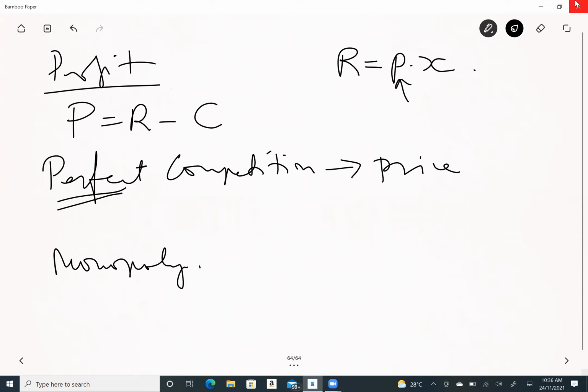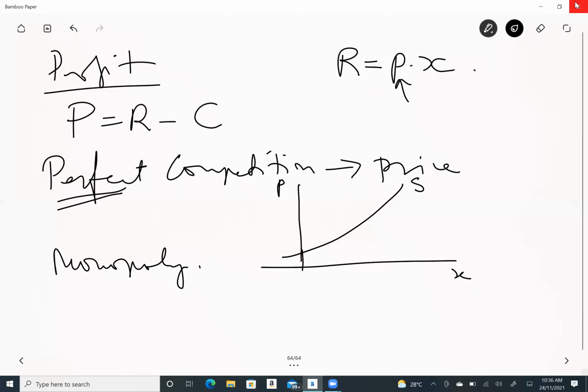In perfect competition, you have the supply, which is marginal cost. But that doesn't determine the price. Marginal cost is just the increment of the cost for a unit increase in output for the firm. It does not determine the market price.